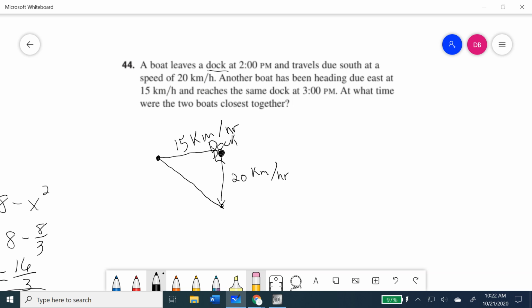I'll let this be letter C, because we put them as A, B, C in the Pythagorean theorem. So this is going to be my focus, an equation for C while it has these two sides changing. I'll call this one A and this one B. So I have that C squared is equal to A squared plus B squared. So actually, square root.